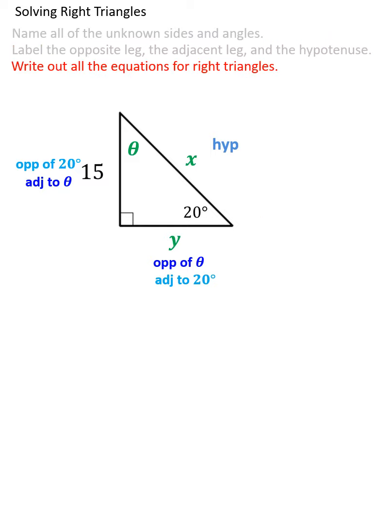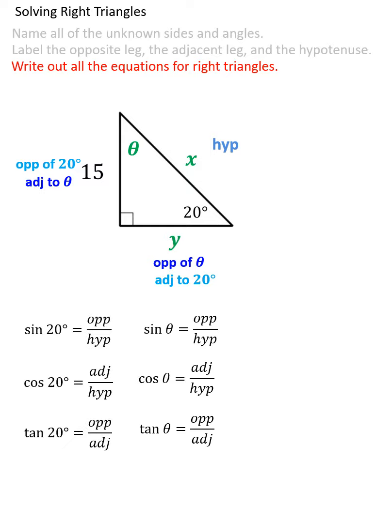Next, what I like to do is write out all possible equations for right triangles. First, notice in reference to the angle theta, I could write out our three basic trigonometric proportions. And I could take the x and the y and the 15, which are my side lengths, and plug them in.